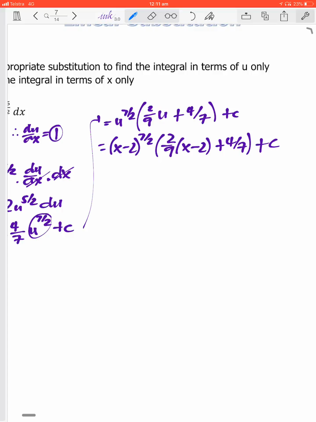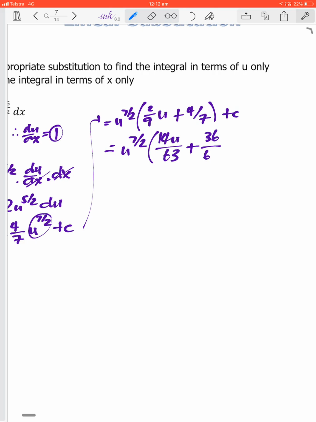The other thing we could have done, and I probably should have done it back here, is take out a factor. Let's make them both on 63. So u to the 7 on 2, 7 nines are 63, so I times the top by 7, 14u, plus, I've had to times the bottom by 9, so I get 36 on top, plus c.